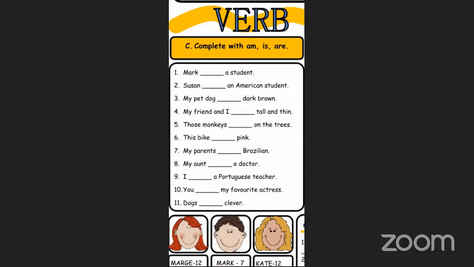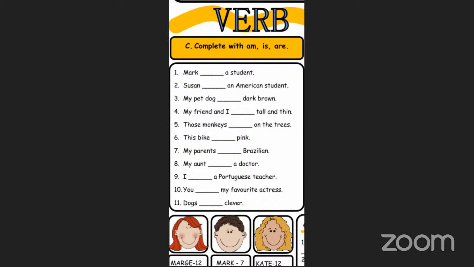Number 2. Susan is an American student. The question form. Is Susan an American student? Then number 3. My pet dog is dark brown. Yes. Is my pet dog dark brown? Right. So you can use the same set of sentences to ask questions.